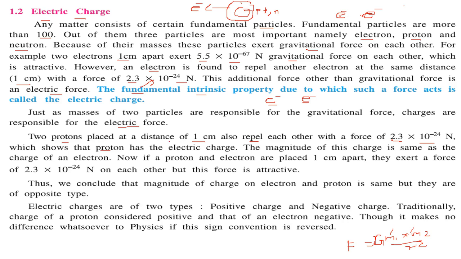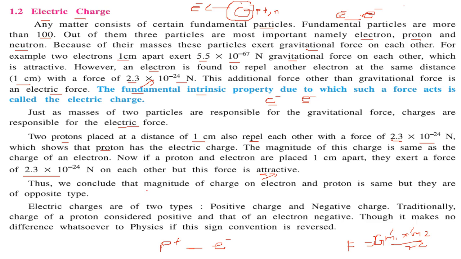Now if you put a proton and an electron 1 centimeter apart, again they exert the same force on each other, but now the force is attractive. Between two protons the force is repulsive, but here the force is attractive.